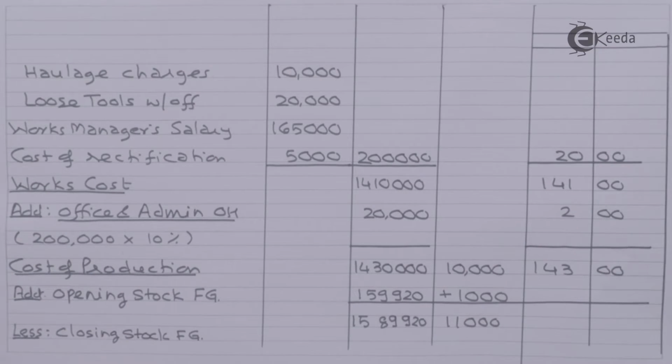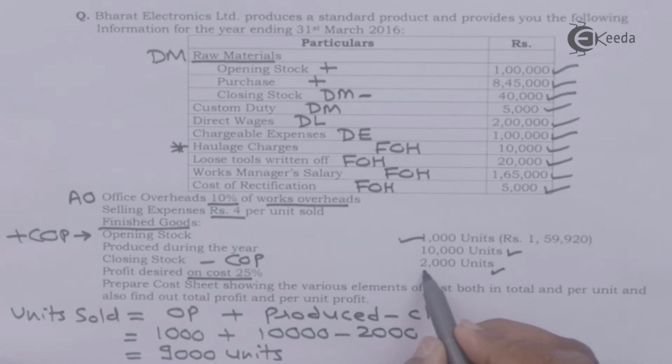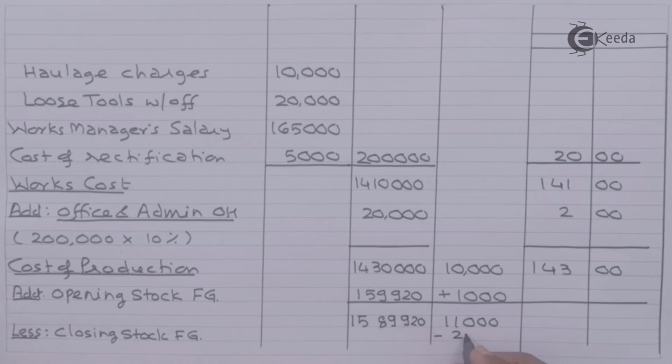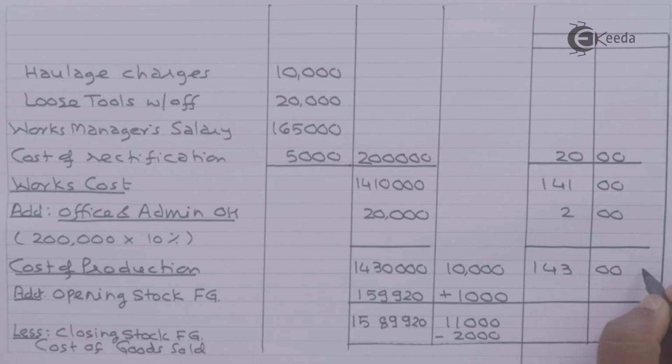Closing stock of finished goods. In question they have given closing stock 2,000 units. Now here they have given units 2,000. Value we are required to find out. Here cost of production per unit is rupees 143.